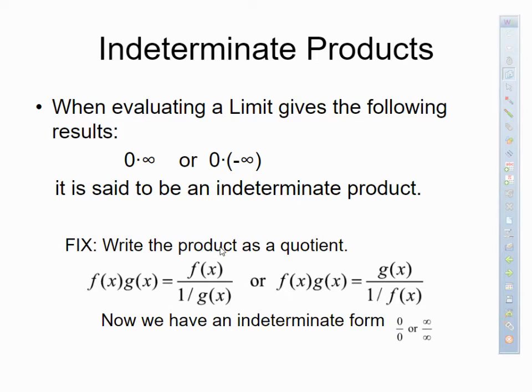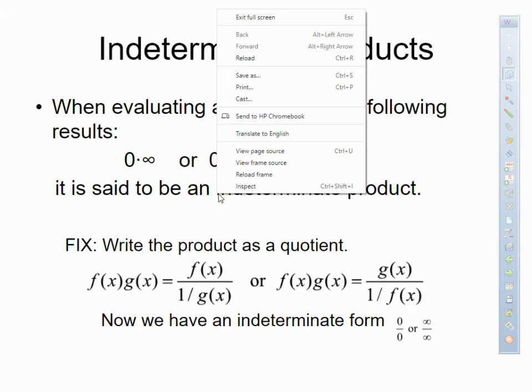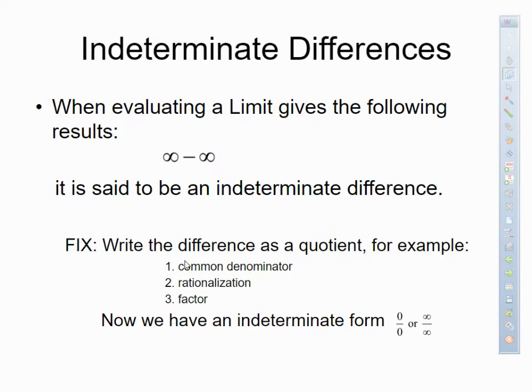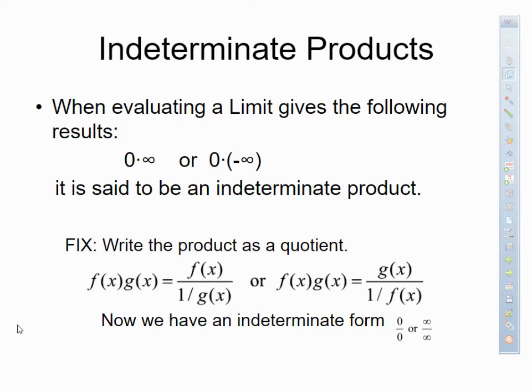So here's what you do. You write the product as a quotient. So what you do is you fix it to where it's going to fit into our L'Hopital's rule that we're used to doing, all right? So you're going to rewrite the problem so that L'Hopital's rule can be applied like you're used to.